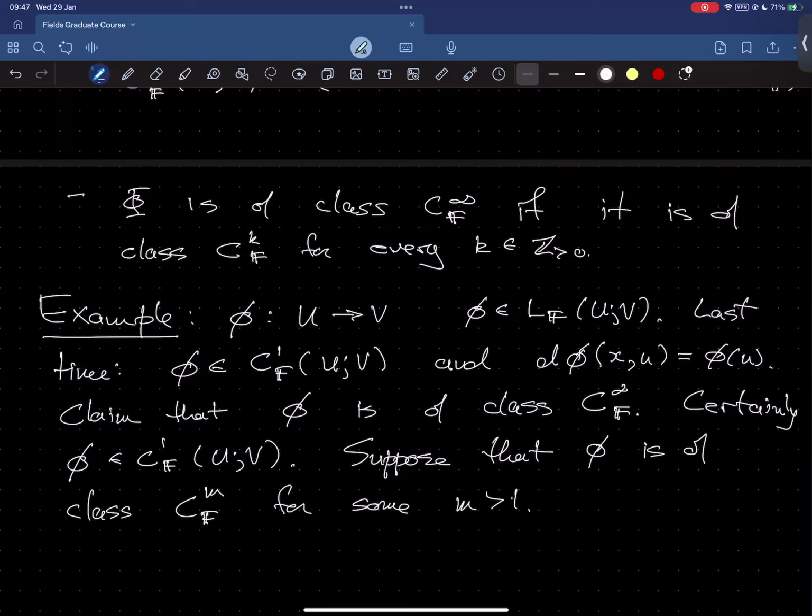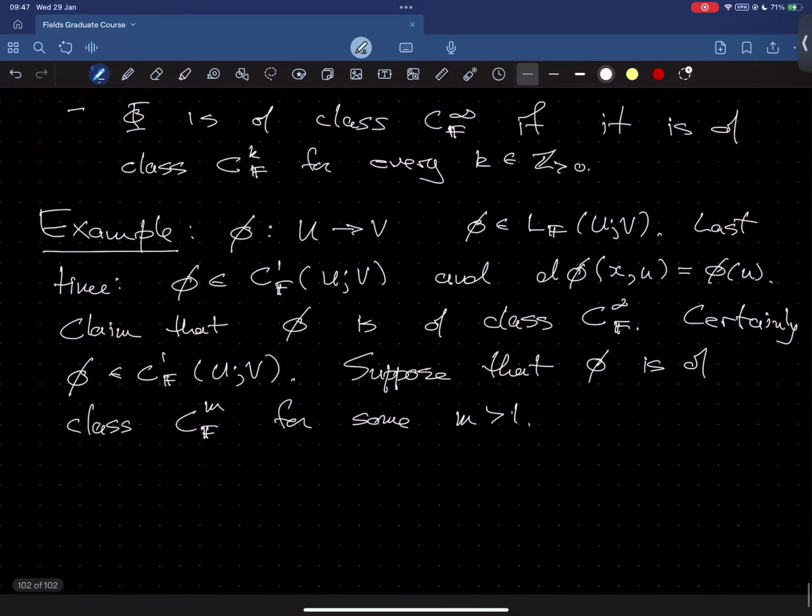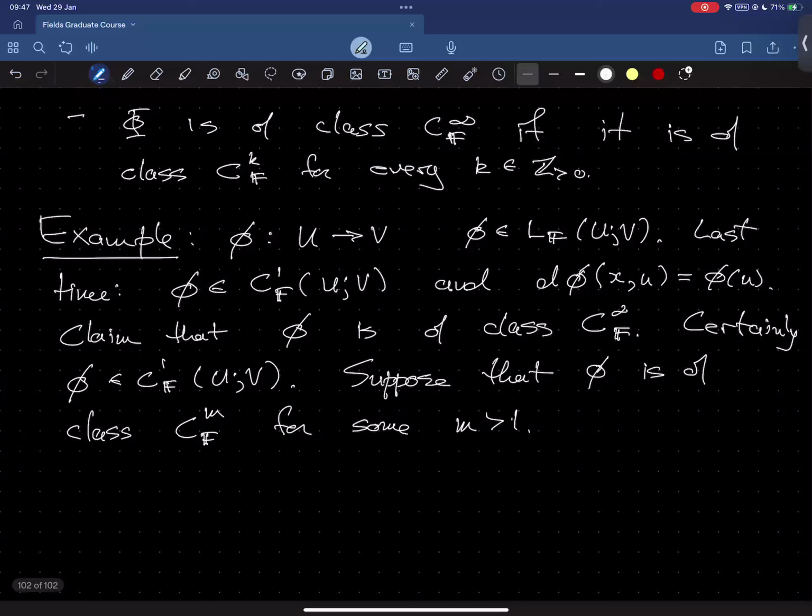Then what I want to show by induction is that it's of class C^(m+1).